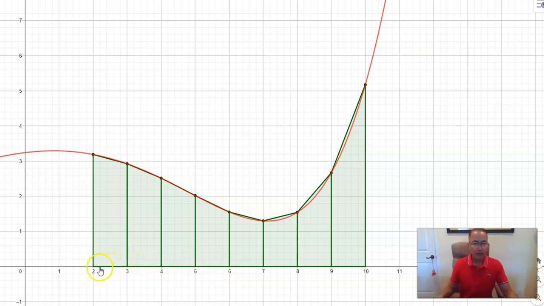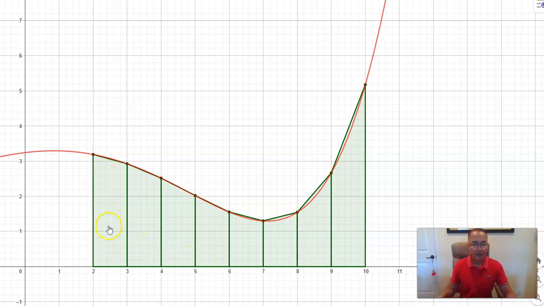Okay, so we called the left endpoint x0, followed by x1, x2, x3, x4, x5, x6, x7, and x8. Okay, so 8 sub-intervals. And because we start counting at 0, x0 is the left endpoint, we finish with x sub 8, the right endpoint here being 10 in this example, okay?